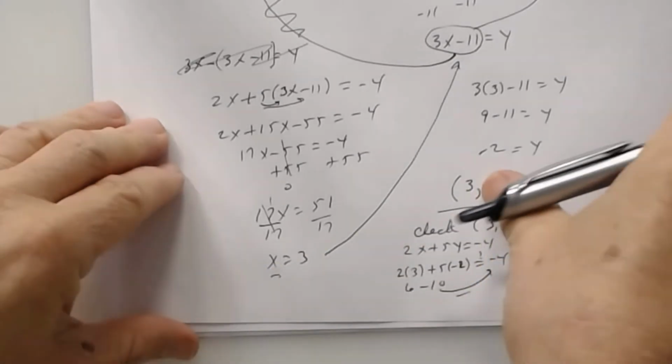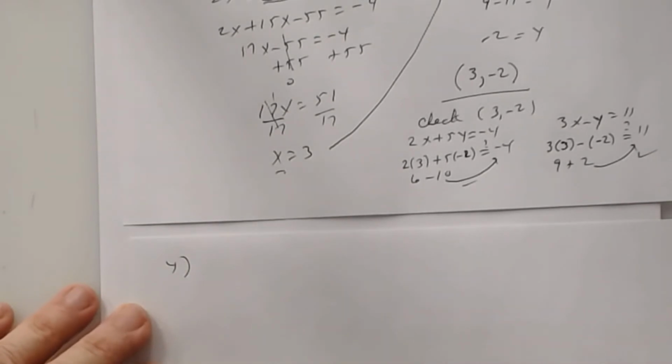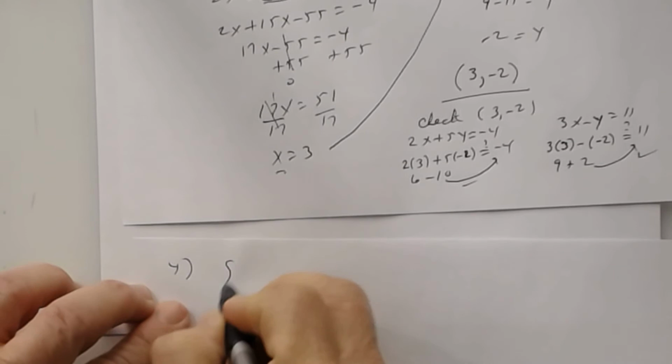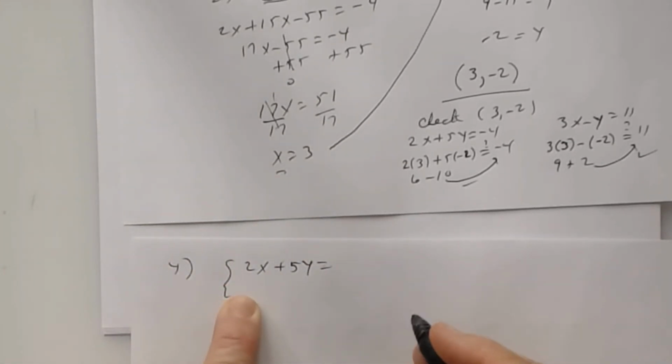All right, let's do another one. So number 4. All right, number 4, let's suppose you had this one. 2x plus 5y equals -4.